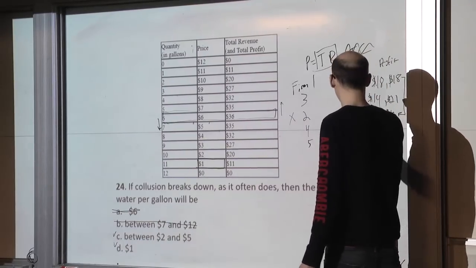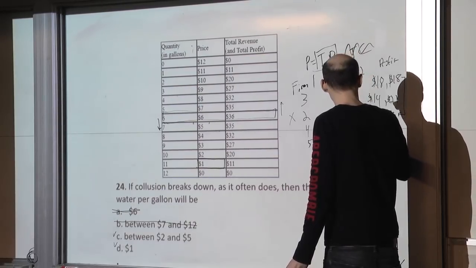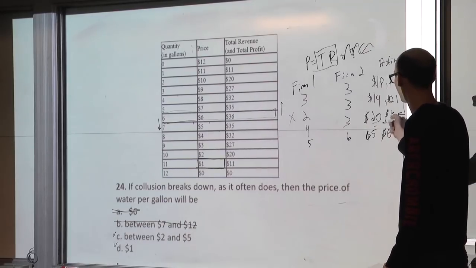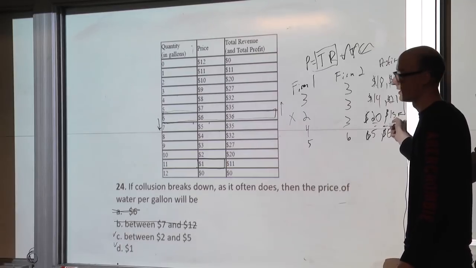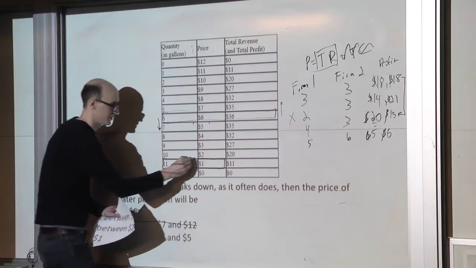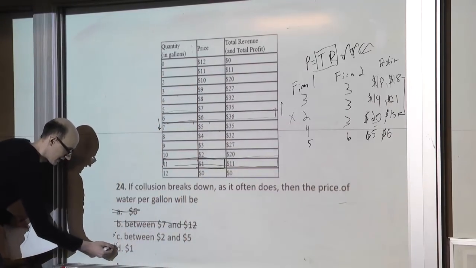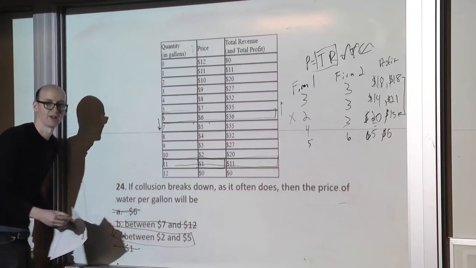So firm 1's going to get $5, firm 2 is going to get $6. And so you see that both have incentive to move from this part to this part, right? Which implies that neither of them are going to produce at 11 or $1. So we can cross that one off too, and the last one we're left with is between 2 and 5.